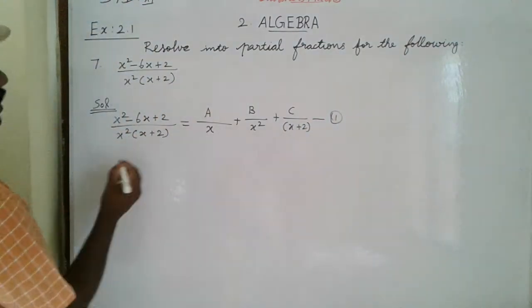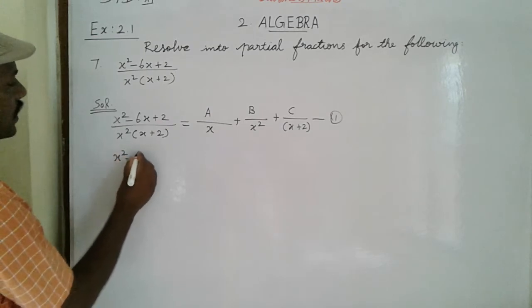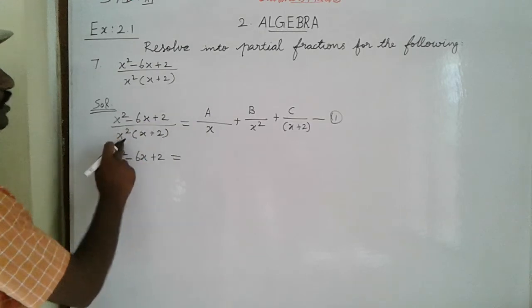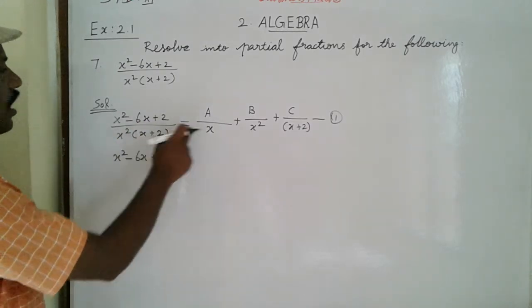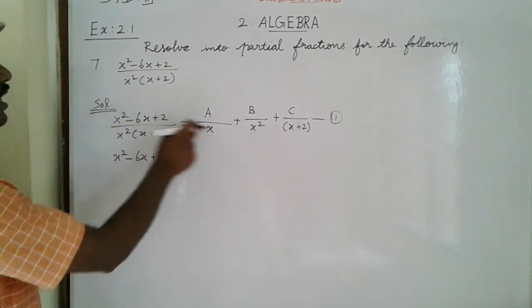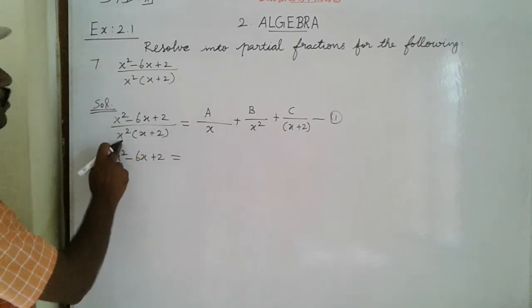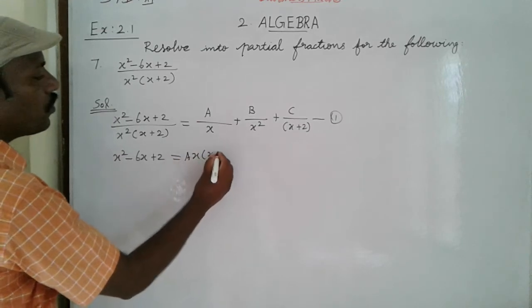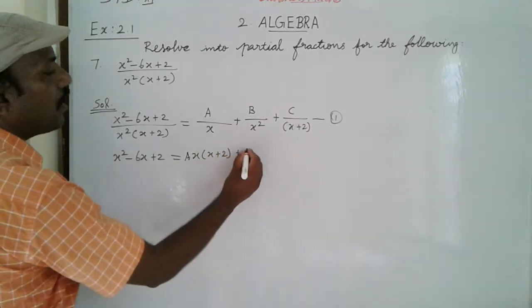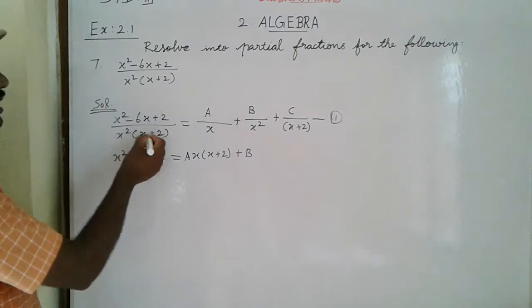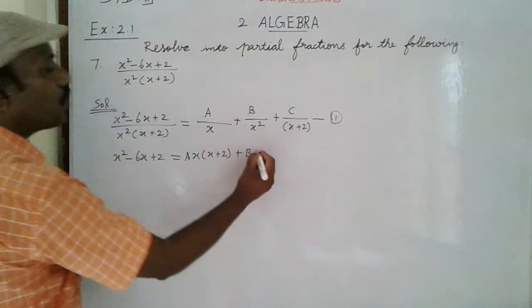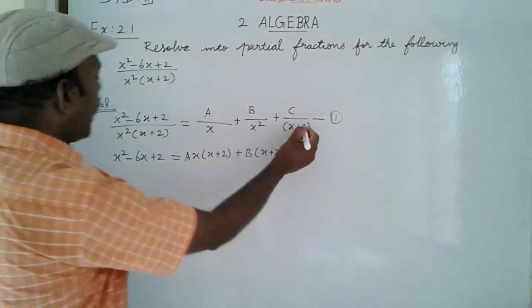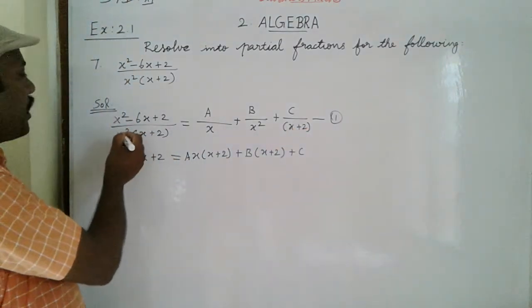Now cross multiply: x² − 6x + 2 equals a into x²(x + 2), where x² and one x cancel, leaving a into x(x + 2), plus b into x²(x + 2) with x² cancelling, b into (x + 2), plus c into x²(x + 2) with (x + 2) cancelling, c into x².